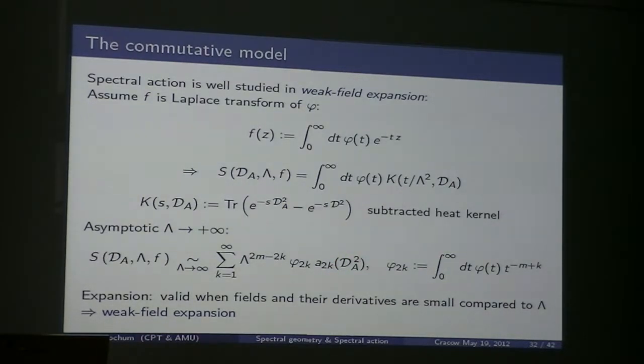And you want to have some information here. Here this is a number, if it exists, and here this is a series. And this series, in some sense, is valid only when the fields and their derivatives are small compared with your energy scale. Okay? This is why it's called the weak field expansion.